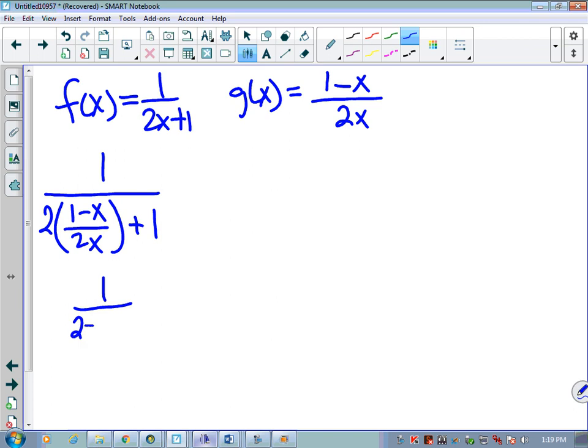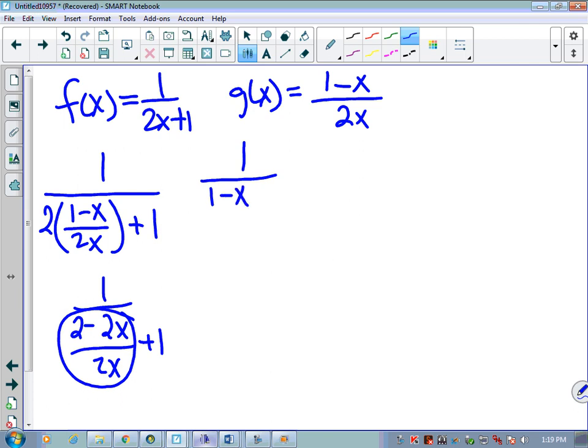So I'm going to get 2 minus 2x over 2x plus 1. All right, and I'm going to move that up here. So I've got 1 over, and in this fraction, I can factor out the 2's so that I get 1 minus x over x plus 1. Okay?